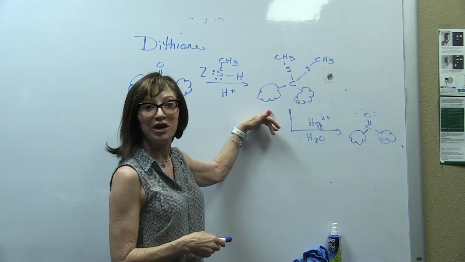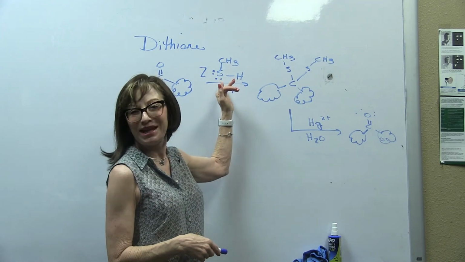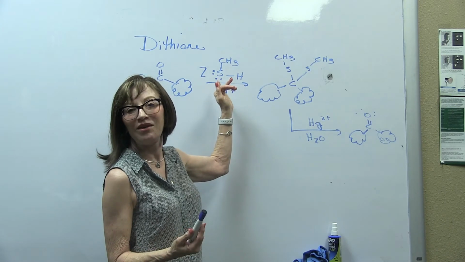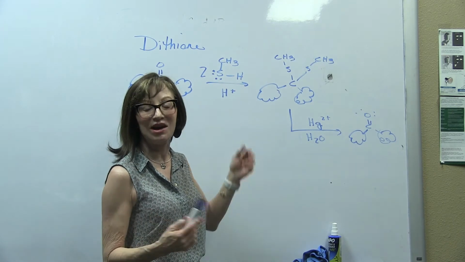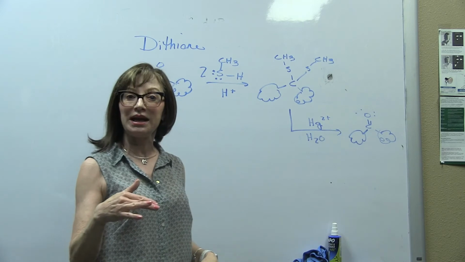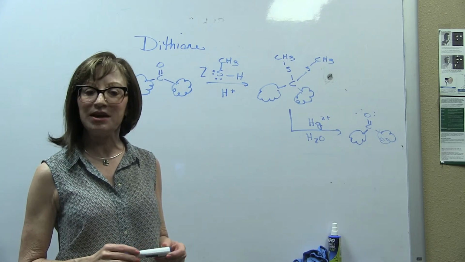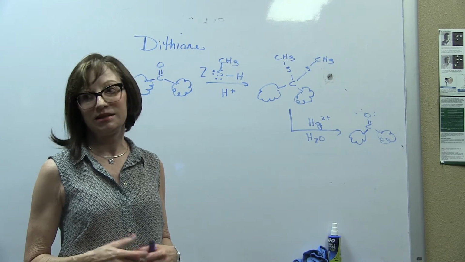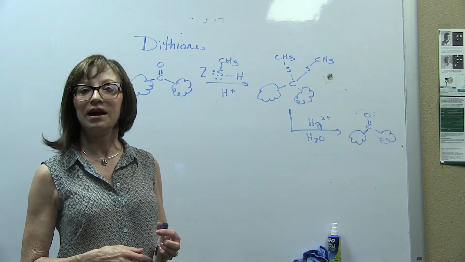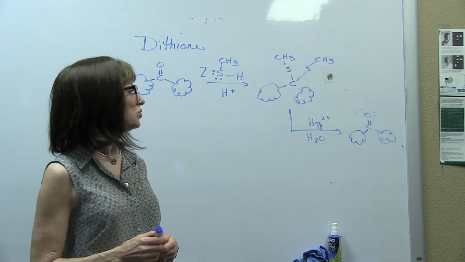It works the same way. Just consider this an alcohol. Instead of an oxygen, you have an S, and try it and see how well you do. Follow the plan that we did yesterday when we did the ketal. Instead of an alcohol, you're using a thiol functional group.